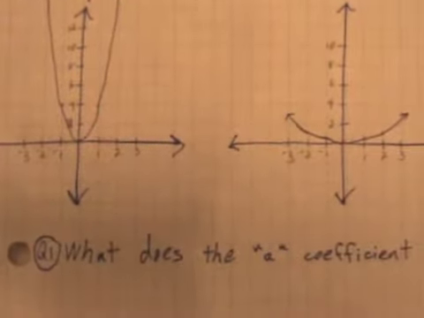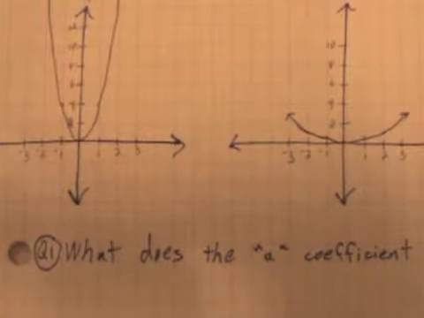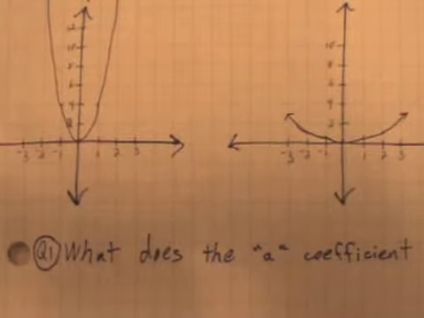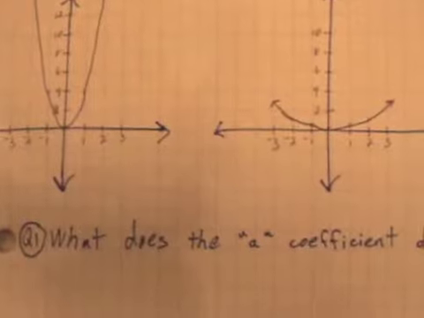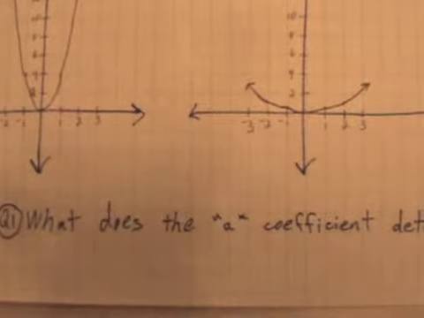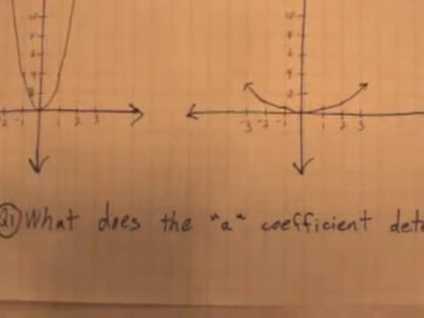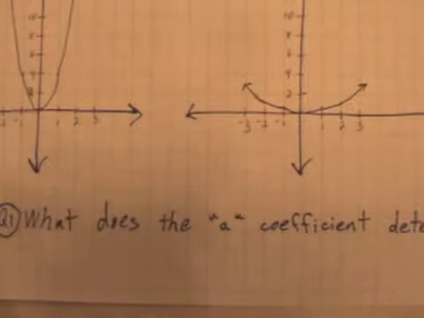So question 1, and what I mean by question 1 is this is your assignment, so please get it written down in your homework. There are going to be 5 of these, so 4 more things for you to graph. Anyway, first question is, what does the a coefficient determine? What do I mean by that?